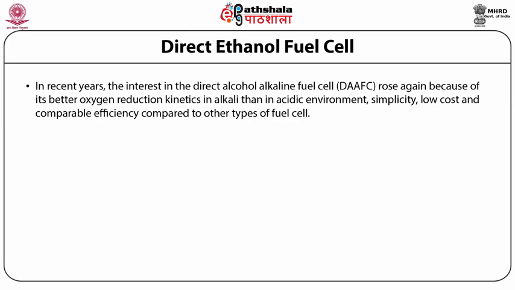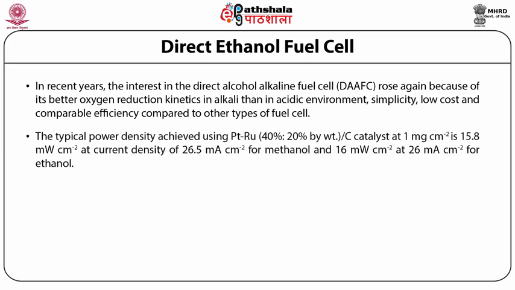It has been reported in literature that the typical power density achieved using PtRu in ratio of 40:20% by weight catalyst at 1 mg per centimeter square is 15.8 milliwatt per centimeter square at current density of 26.5 milliampere per centimeter square for methanol and 16 milliwatt per centimeter square at 26 milliampere per centimeter square for ethanol.